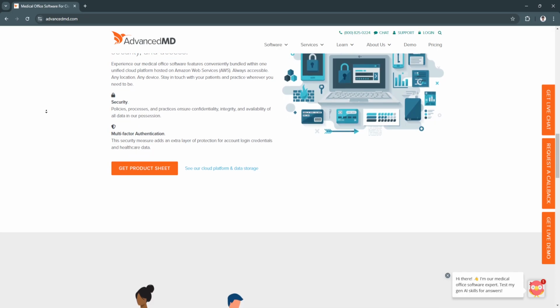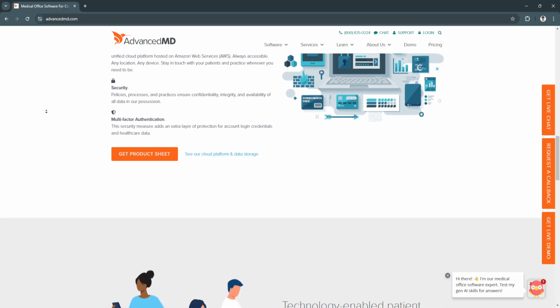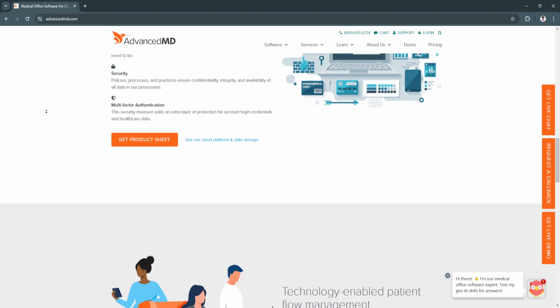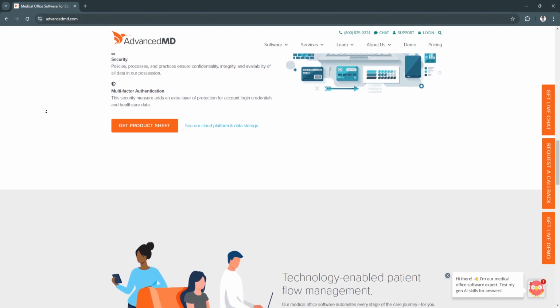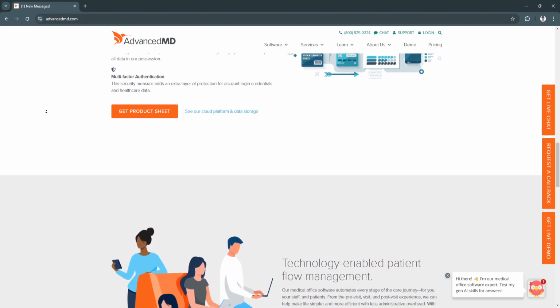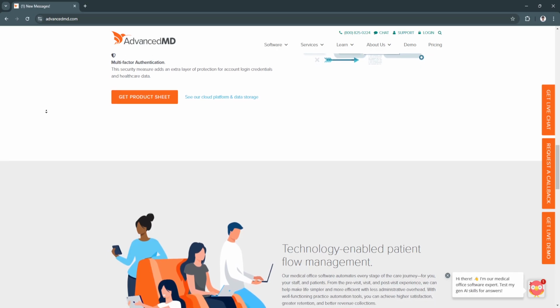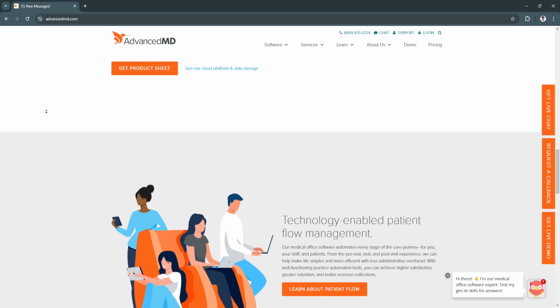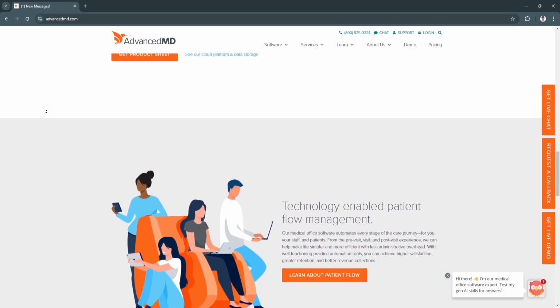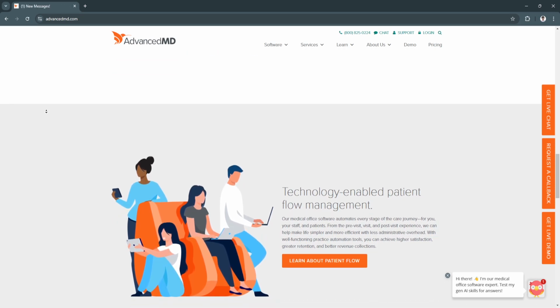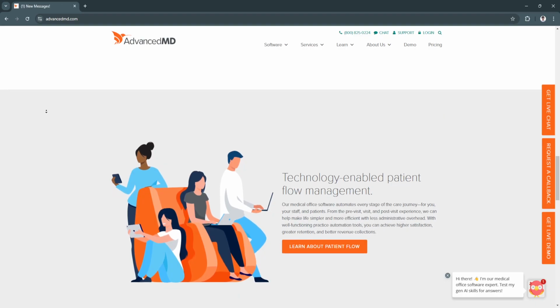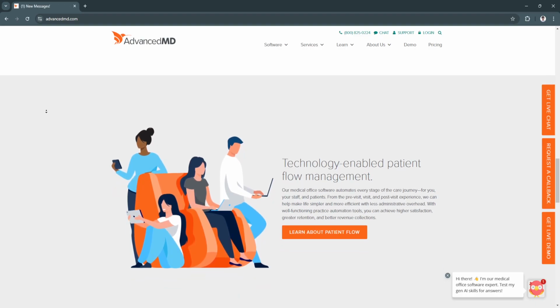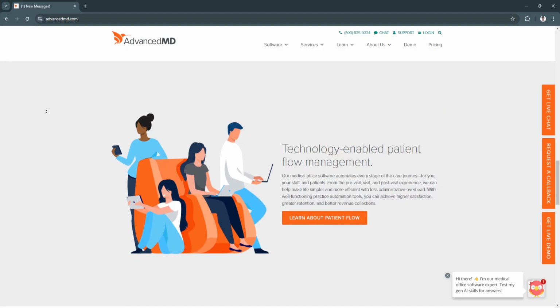Another key feature is their electronic health record. The EHR in AdvancedMD is designed to capture all necessary patient data, from clinical notes and diagnosis codes to treatment plans and medications. Its user-friendly interface supports customizable templates for different specialties, simplifying documentation.